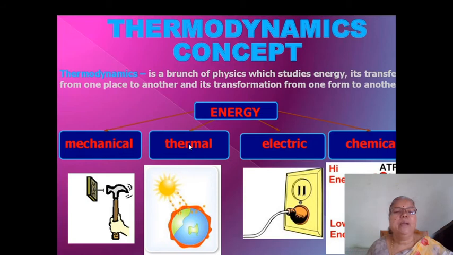Mechanical energy will get converted into thermal energy, then into electric energy, and electric energy may get converted into chemical energy. And this interconversion of heat and other forms of energies is quantitatively studied in thermodynamics.